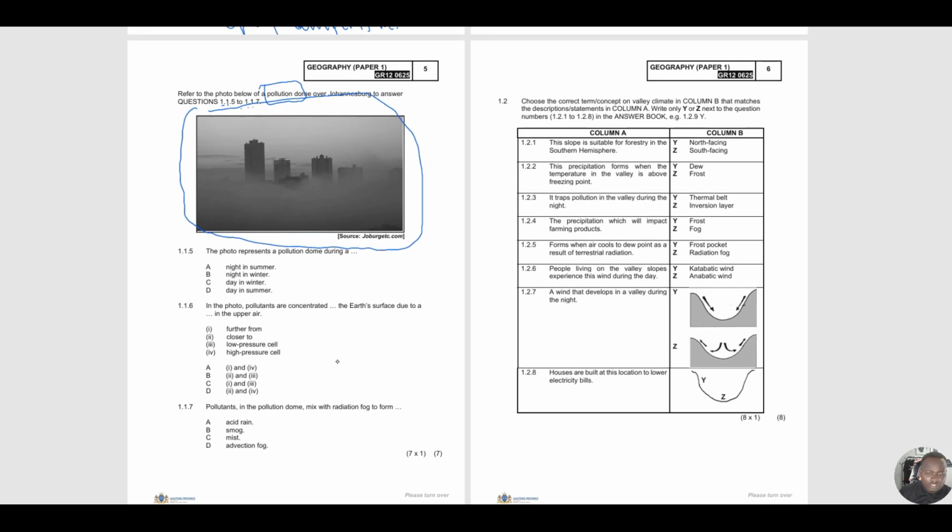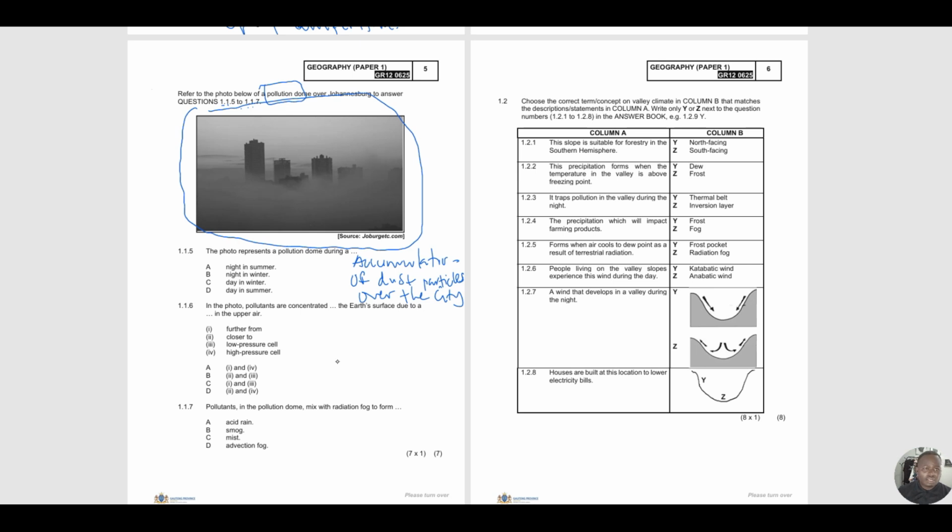We can say it's accumulation of dust particles over the city. So pollution dome refers to dust particles over the city.